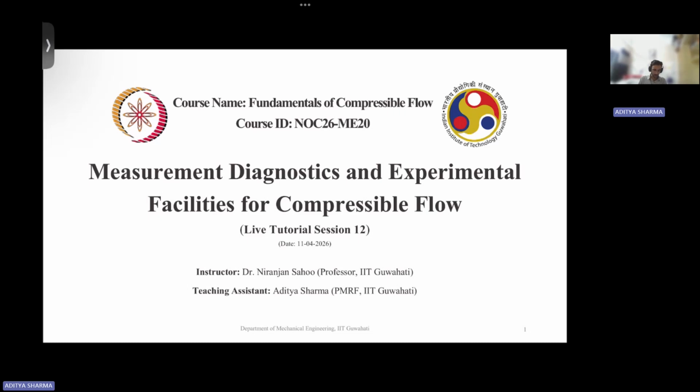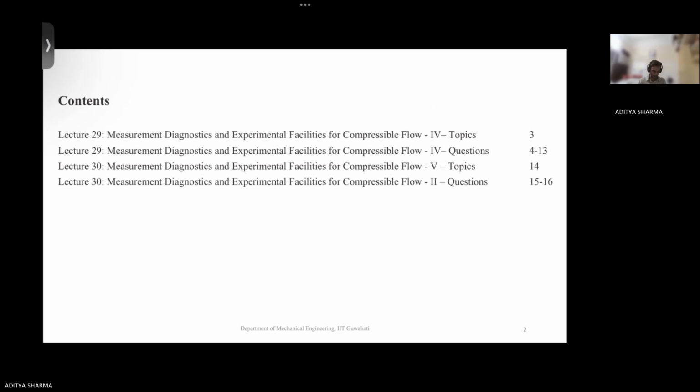Okay, so we can start with today's session, measurement diagnostics and experimental facilities for compressible flow. So two lectures are there, lecture number 29 and lecture number 30, where topics have been discussed.